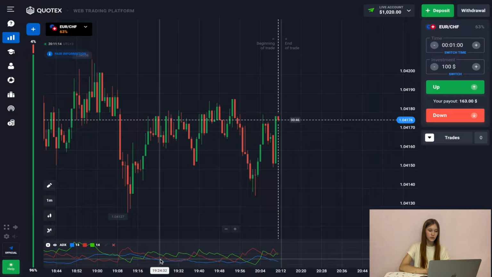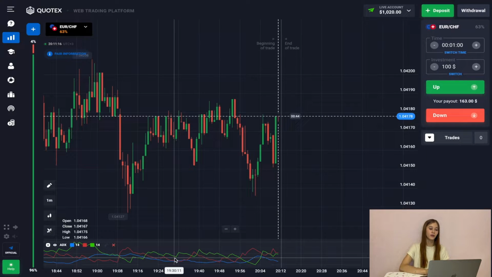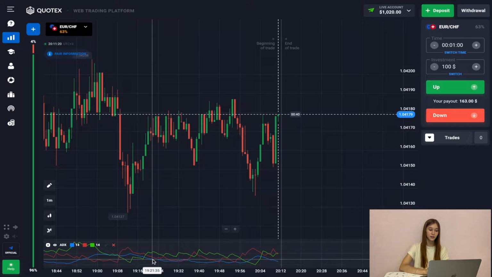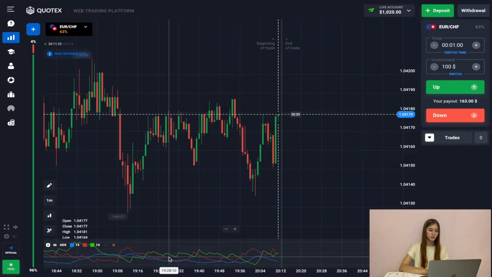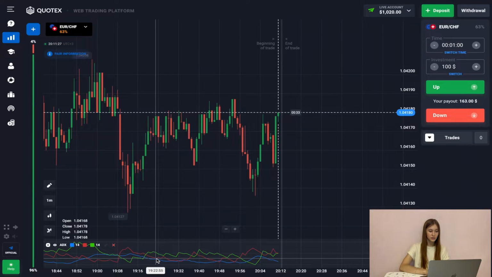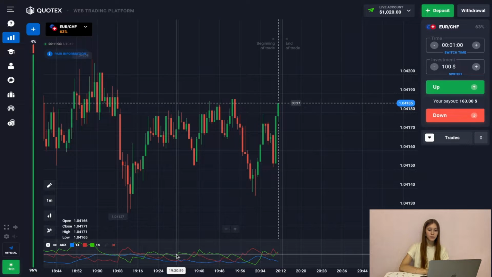We can also see this on the chart: if the moving average ADX is between given levels, then the price is in flat, that is its value of 25. Then it will be more difficult to open deals according to this trend.